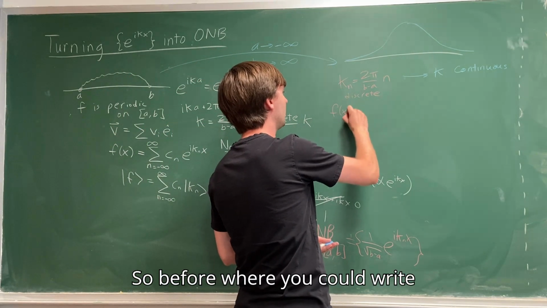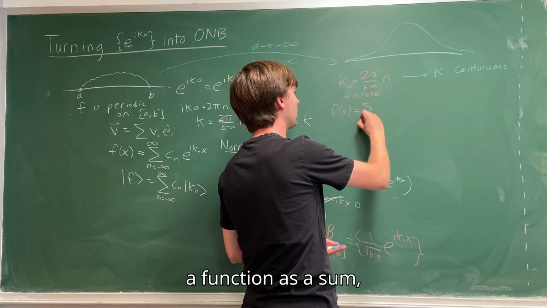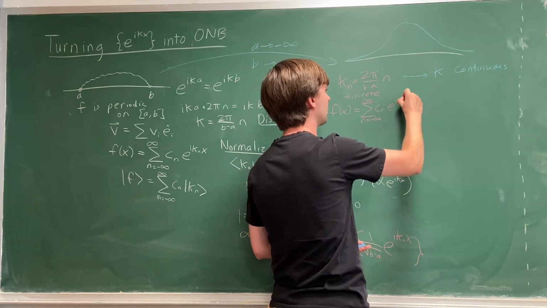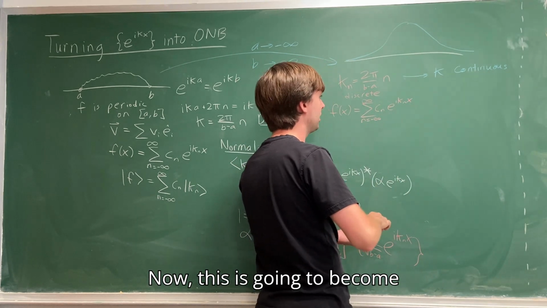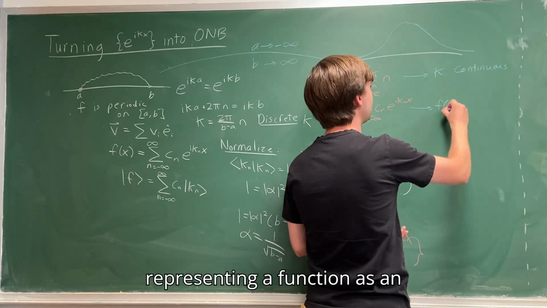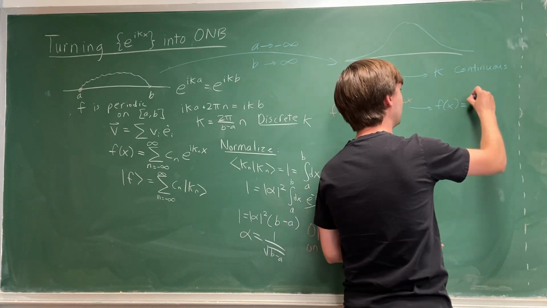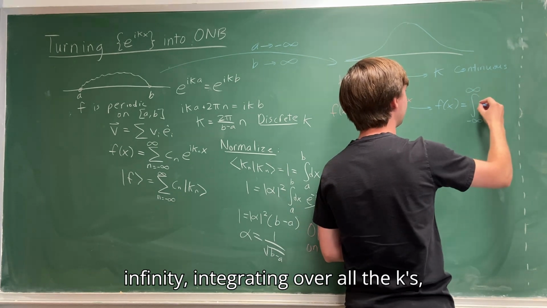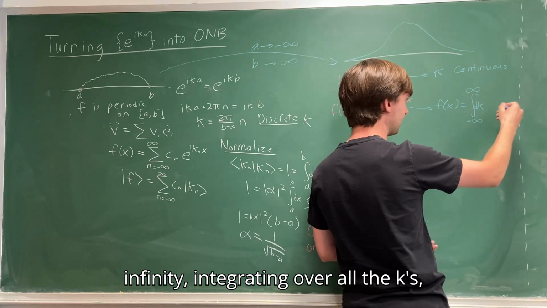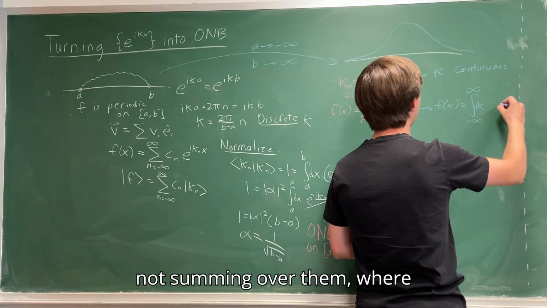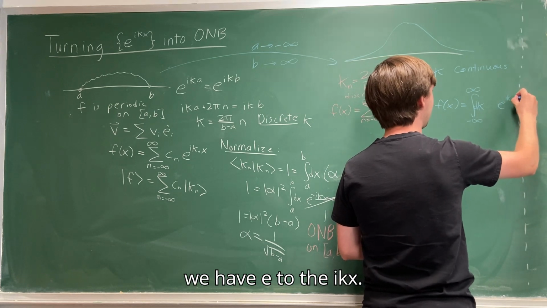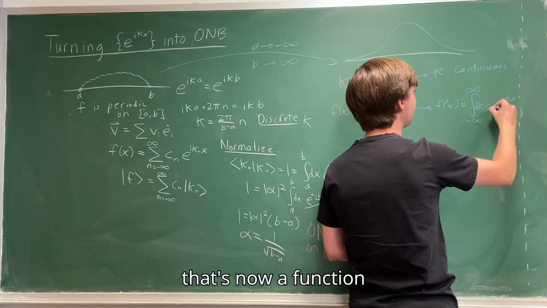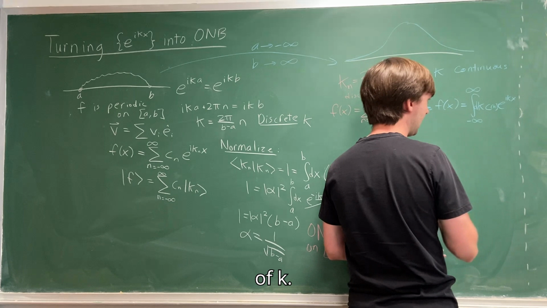So before, where you could write a function as a sum, even an infinite sum, now this is going to become representing a function as an integral from negative infinity to positive infinity, integrating over all the k's, not summing over them, where we have e to the i k x, and then some coefficient right here that's now a function of k.